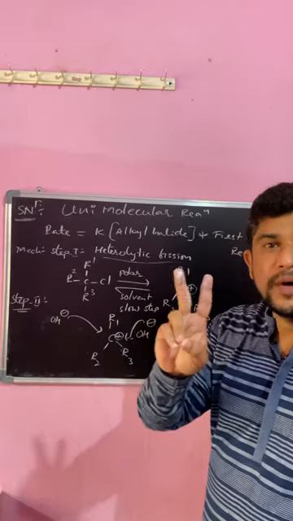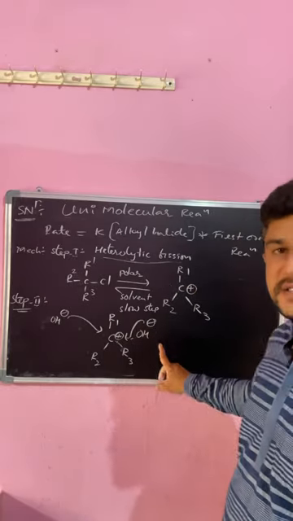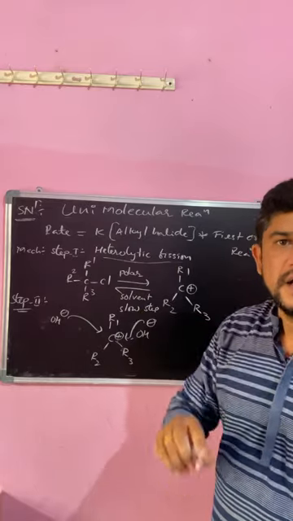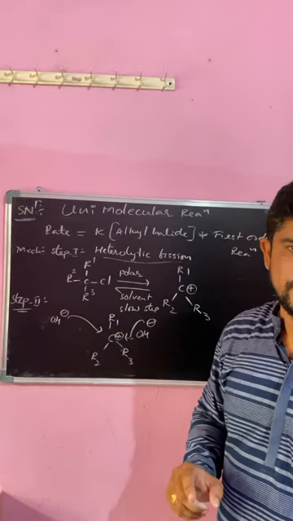That's why two products are formed in the SN1 reaction: one is the inverted product, another is the retention product.